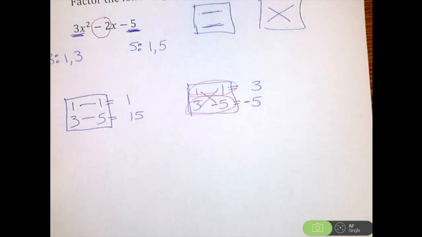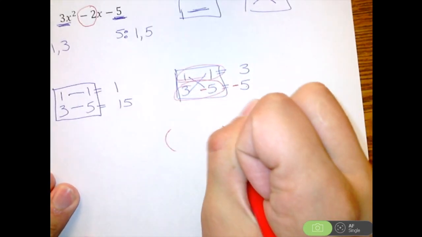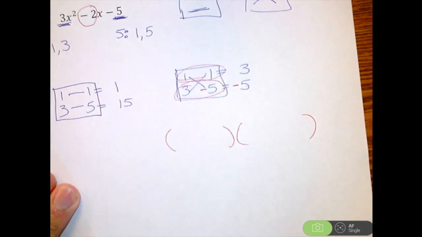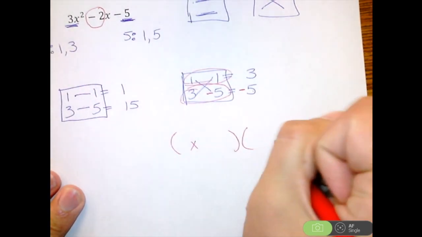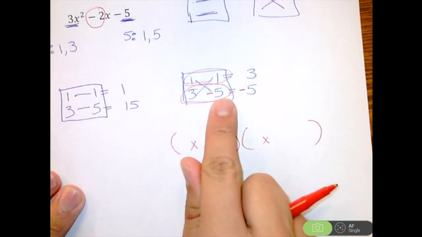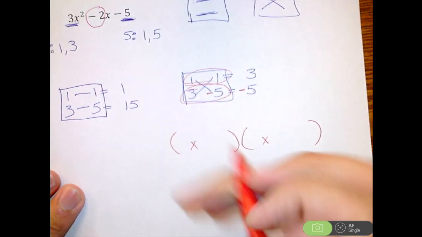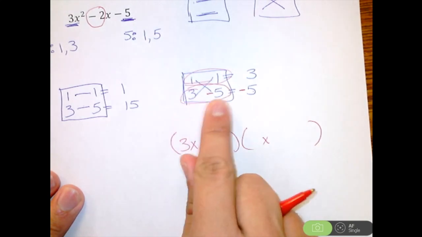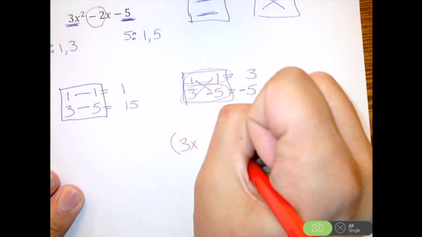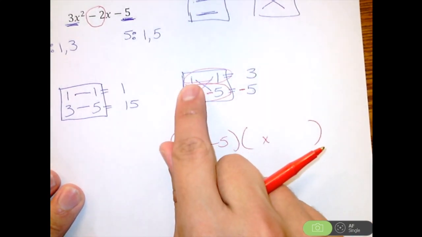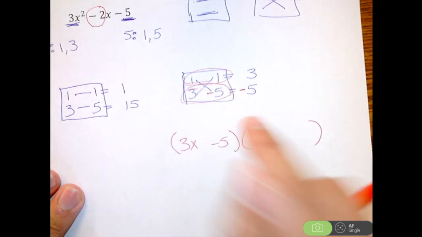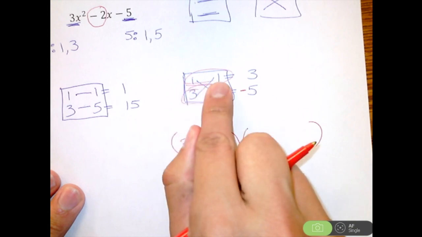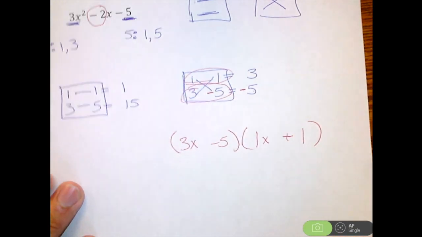Now here's how that's going to look. When we're factoring here, remember we get 2 sets of parentheses, and you usually have your x, because that's the variable we're using, in the front. It works the same way. I need my 3 out front, so I'm going to have a 3x, and then I need a minus 5 in the back. In my other parentheses, my other pair, notice how I'm using red and blue to help you out, should have a 1 in the front, and that is a positive 1 in the back.